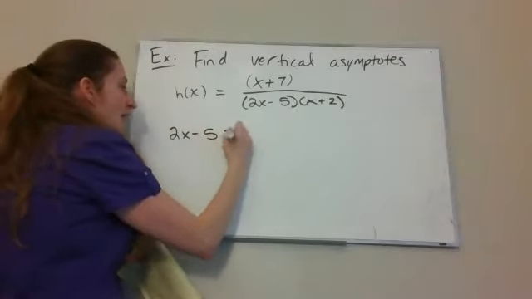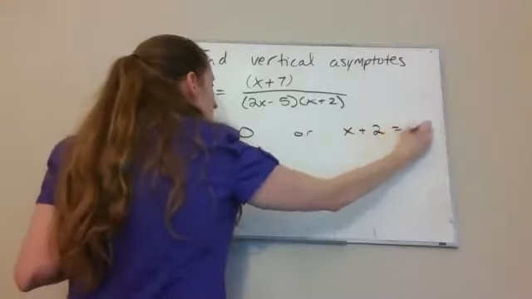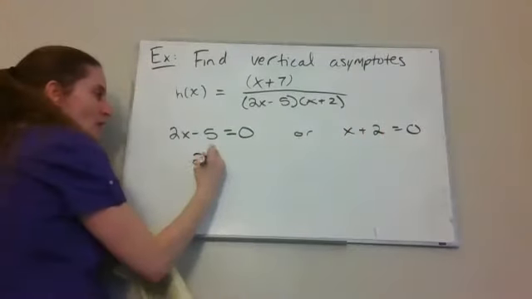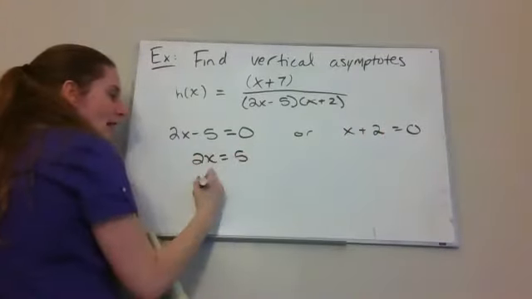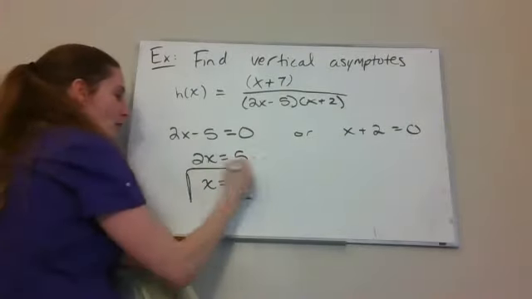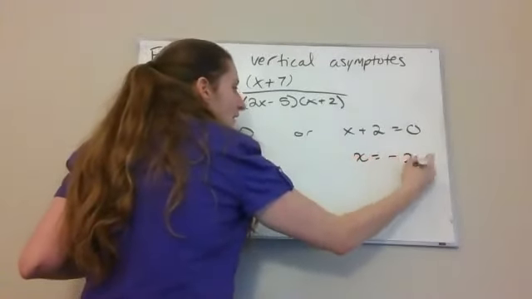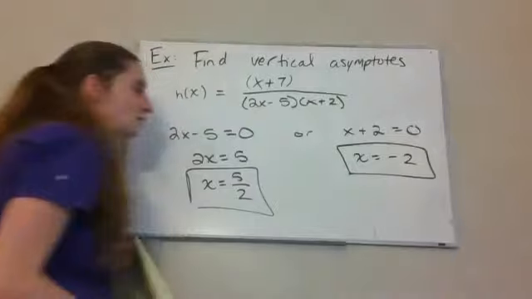So either 2x minus 5 is going to be 0, or x plus 2 is going to be 0. This first one gets me 2x equals 5, which is x is 5 halves as one of my vertical asymptotes. My other vertical asymptote is x equals -2.